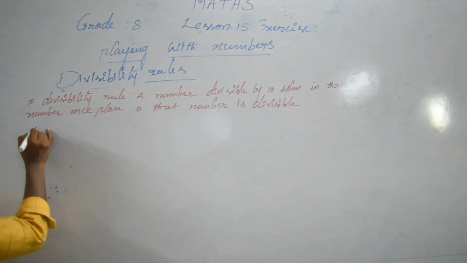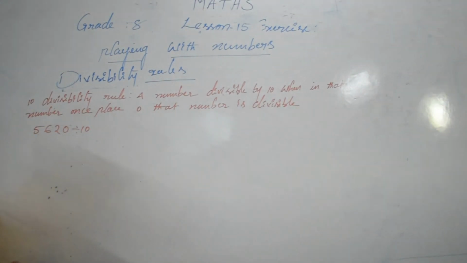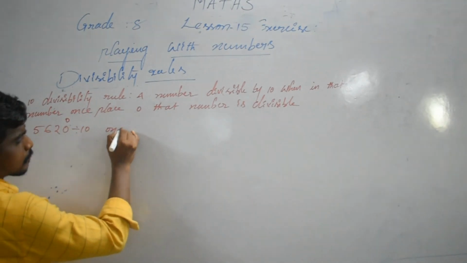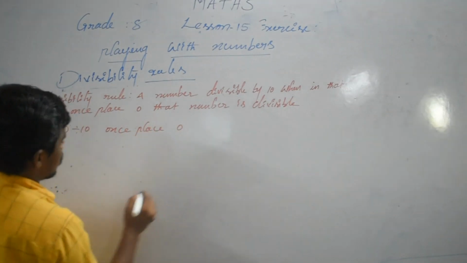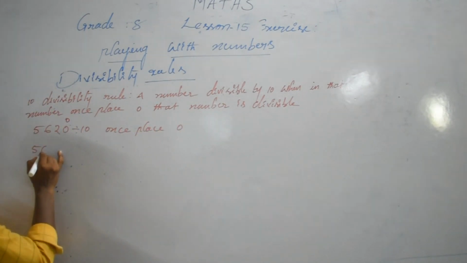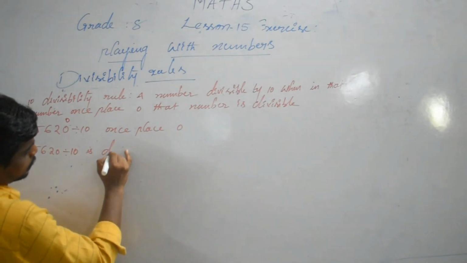So 5620 divided by 10. Here ones place which number? 0. So it is divisible.